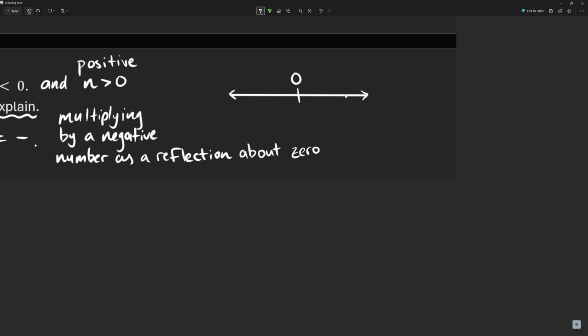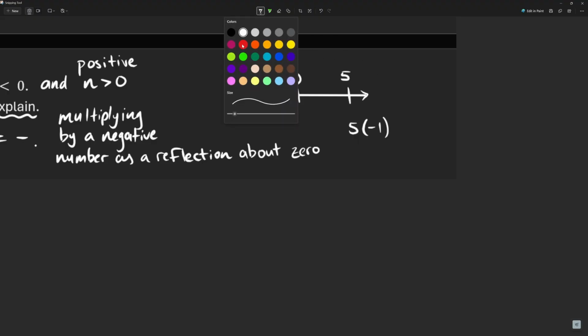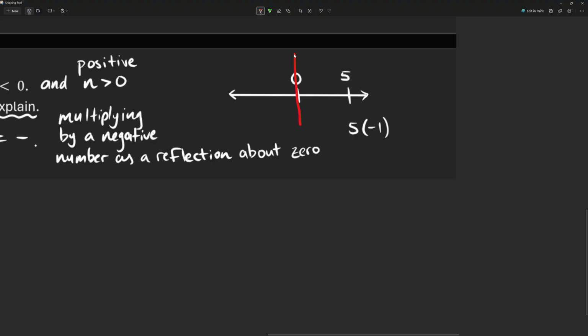Let's say if I have 5, and if I want to multiply that by -1, if I wanted to do 5 times -1, that -1 is not going to change the size, it's not going to change the magnitude of 5, so we're not scaling at all. All we're doing is flipping it about this axis of symmetry. We're throwing it across that line, and we end up right here at -5.